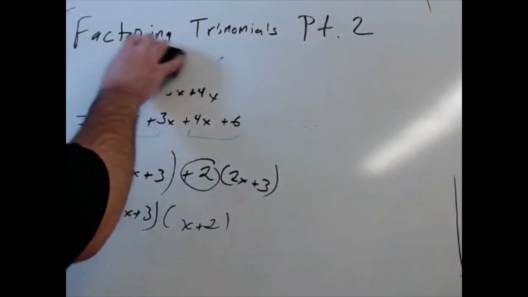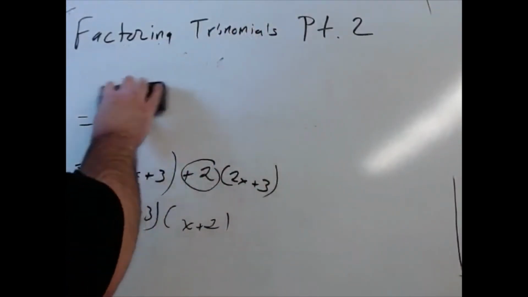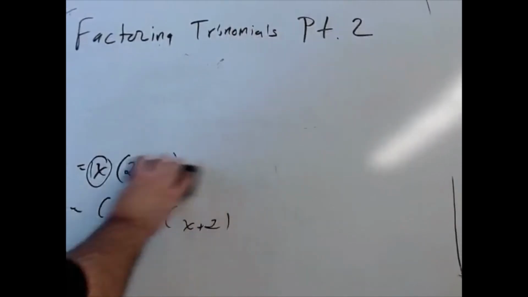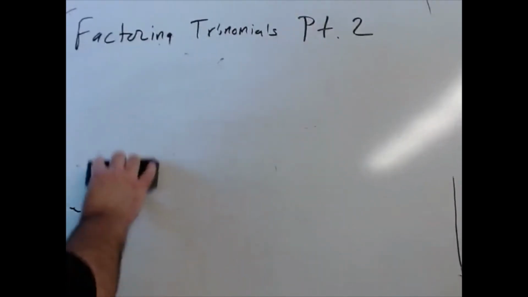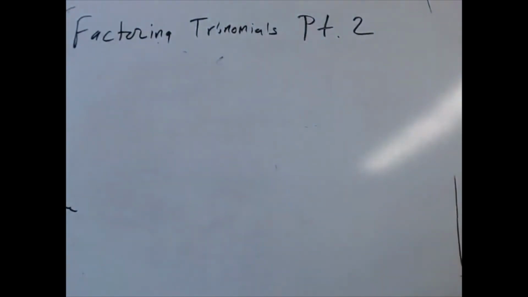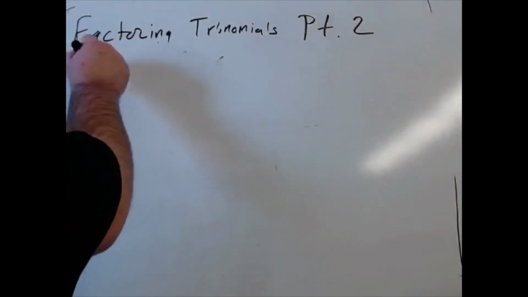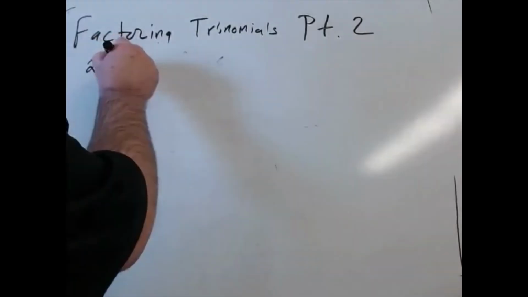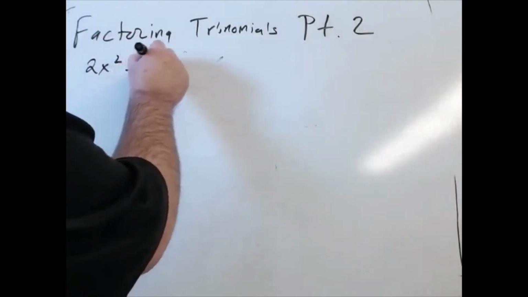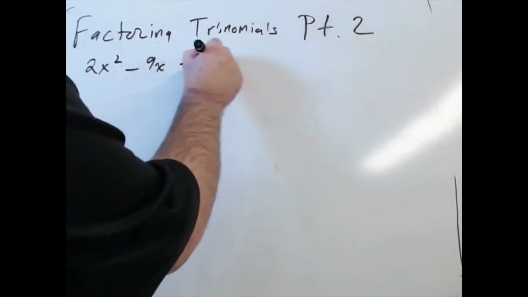Let's maybe do one more, and then that should be good for the second part of factoring trinomials. So let's go with 2x squared minus 9x plus 9.